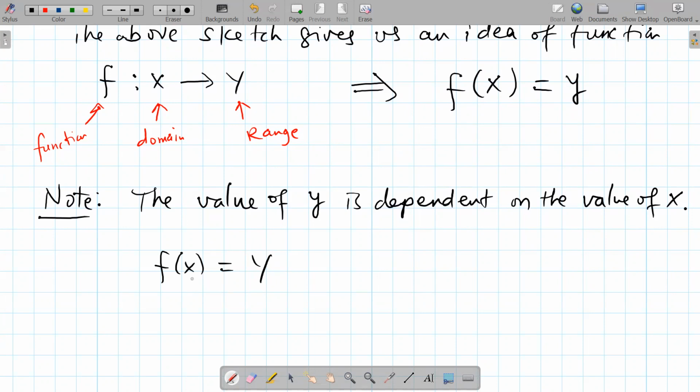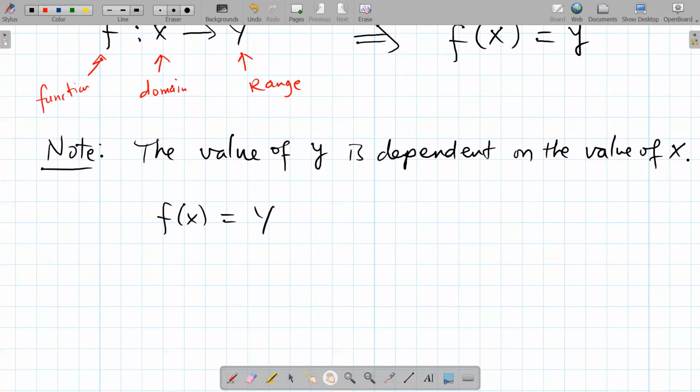Whatever is inside the parenthesis is from the domain. Now note that this whole thing here is read as f of x.